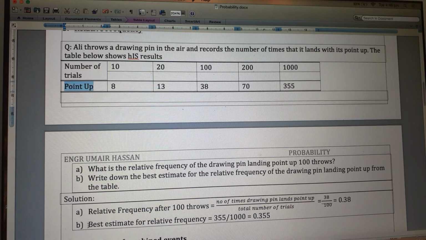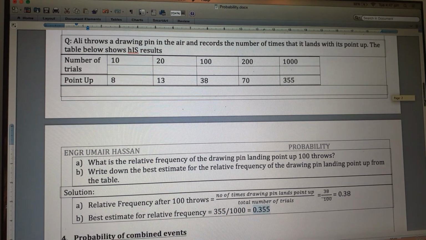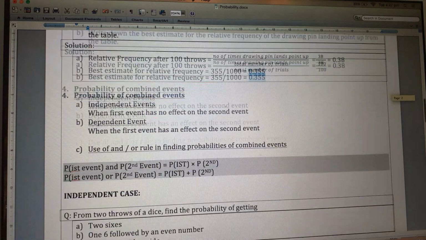So for the best estimate, you will go for 355, the number of times it points up, divided by 1000, the total number of trials. So the answer will be 0.355. Now this is the concept of relative frequency.